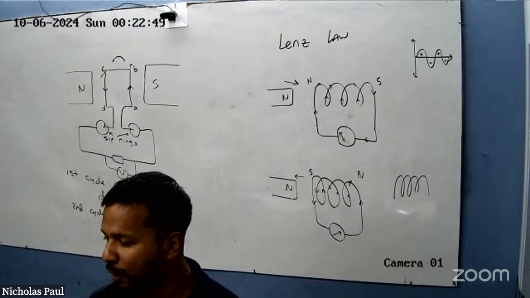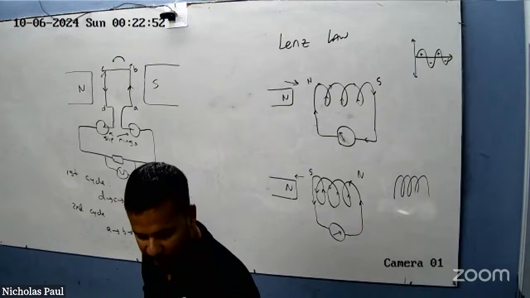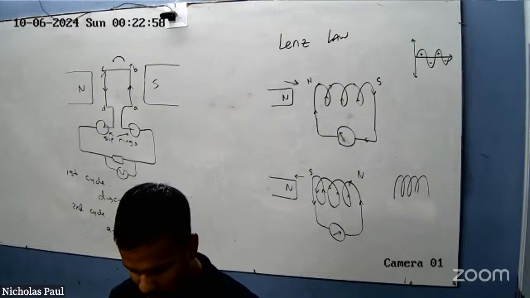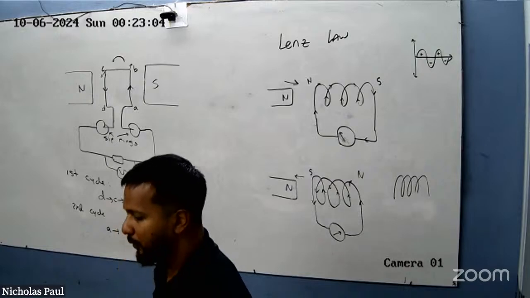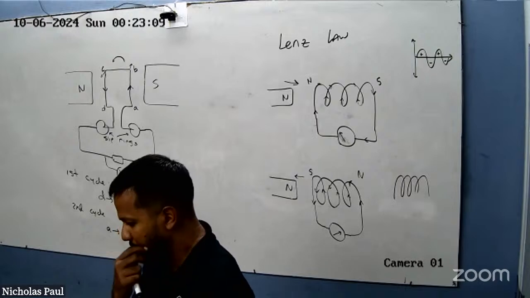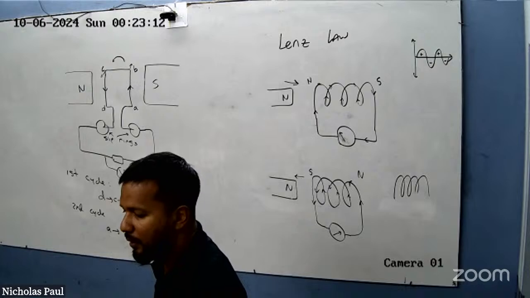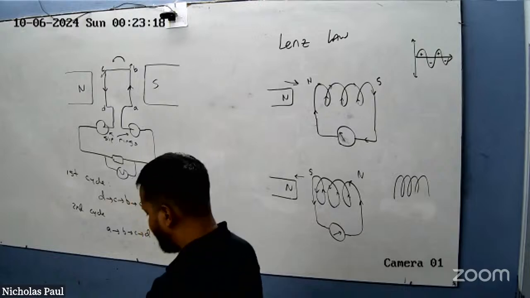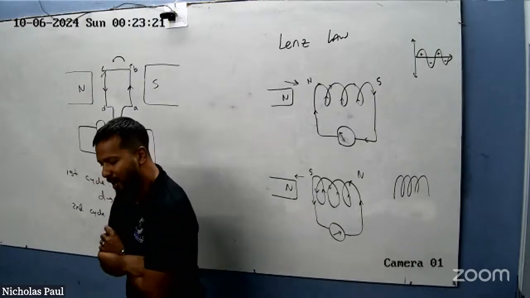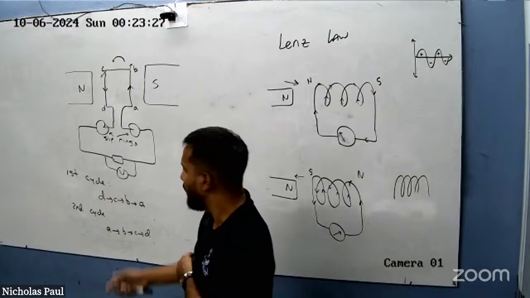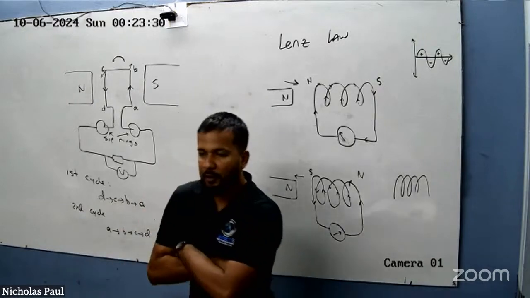By Fleming's right-hand rule, the direction of the current is found for both cycles.